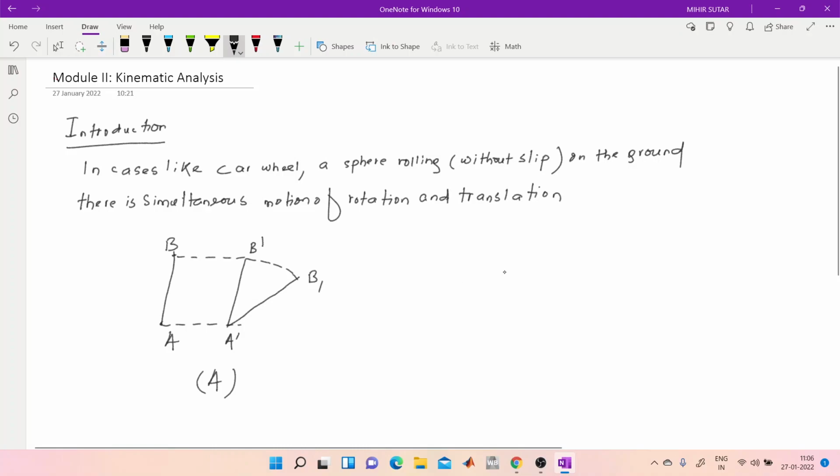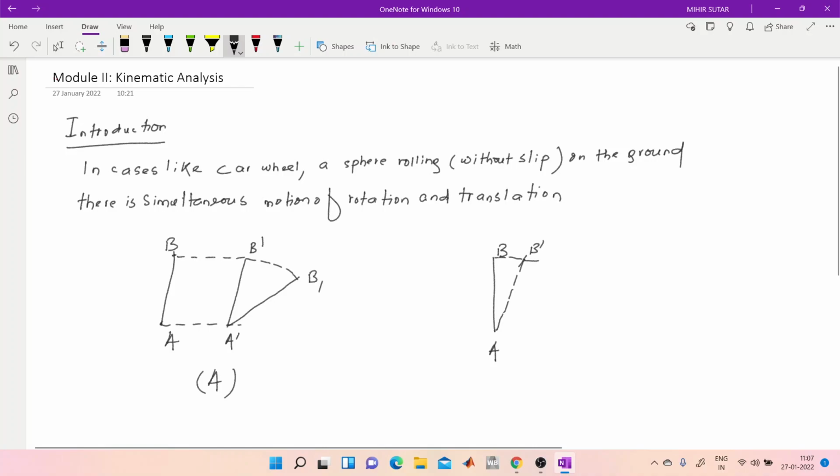In the second case, let's say the link is in this position, A and B. Then it has been given a rotation like this, from AB to AB dash.